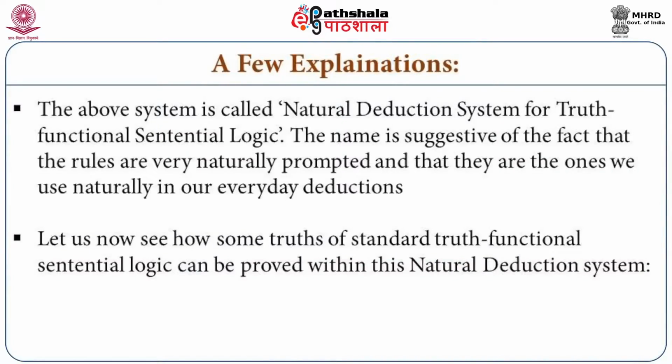This module has been named natural deduction system, and we have seen in the earlier modules that there are already rules for conjunction. For instance, introduction of conjunction is explained as rule of conjunction, and also the rule for elimination. The elimination rule for conjunction is also known by the name simplification.